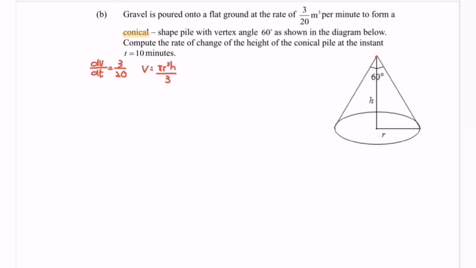Compute the rate of change of the height. So here we have another keyword, the rate of change of the height, meaning that we are interested in dh/dt of the conical pile at the instant when t is equal to 10 minutes.